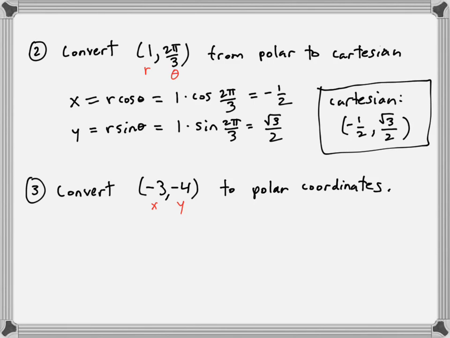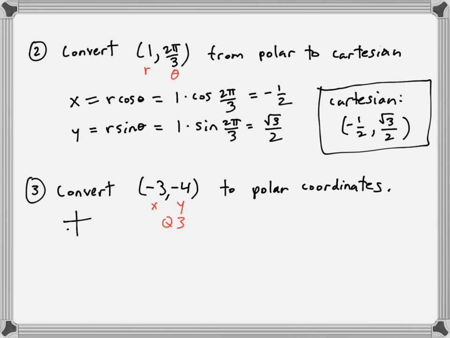So -3, -4 is somewhere over there. In other words, this is quadrant 3, right? This is a quadrant 3 point. So we know we're going to need to make that adjustment with the arctan, okay?